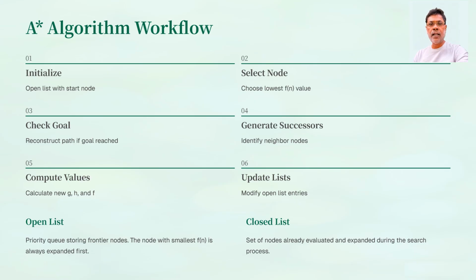During this process, A-star relies on two important lists: the open list, which stores all the nodes waiting to be explored, and always expands the one with the smallest F(N) first; and the closed list, which keeps track of nodes that have already been examined. This cycle continues until A-star finds the optimal route through the search space.